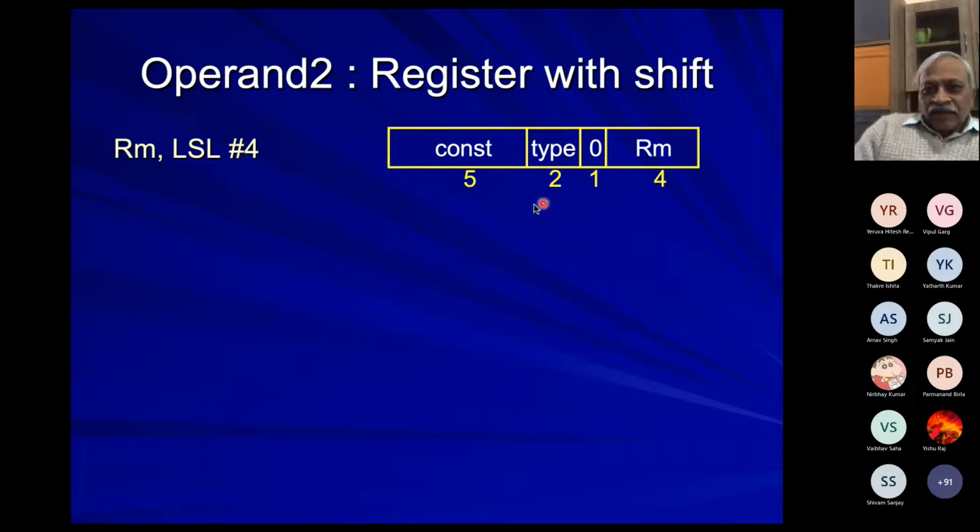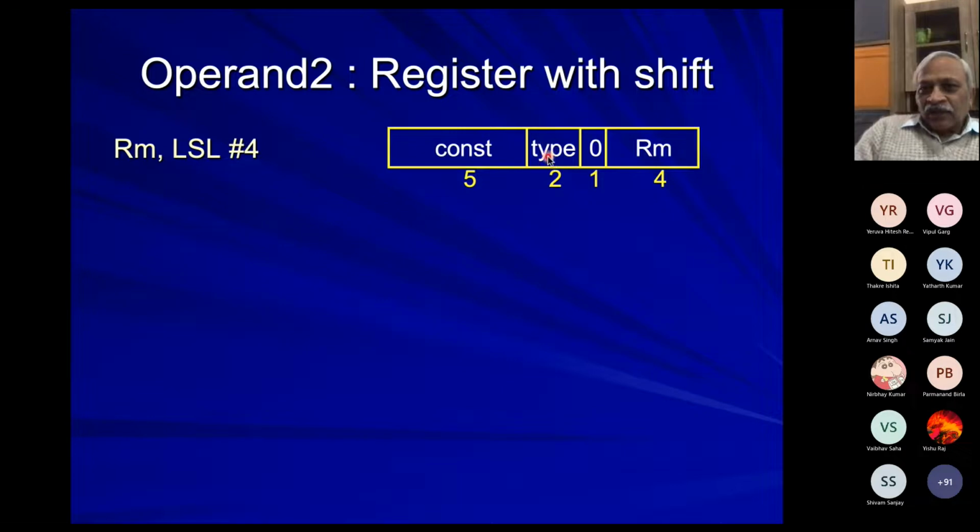In terms of format, you recall that we had left 8 bits to specify shift. RM is the second operand, and this whole thing is a 12-bit operand 2 field, which is subdivided into 4 bits for specifying RM, and 5 bits for the shift amount. These 2 bits are for shift type.